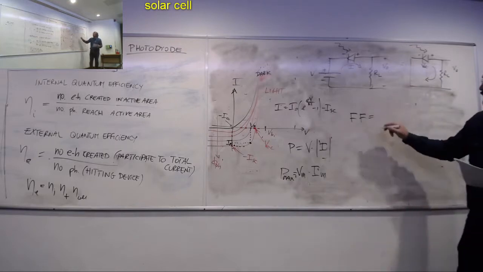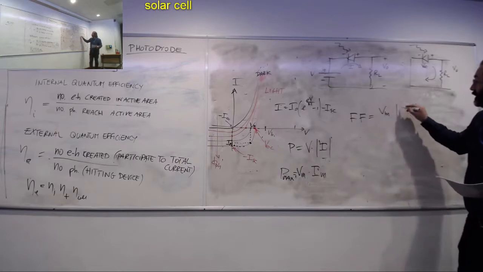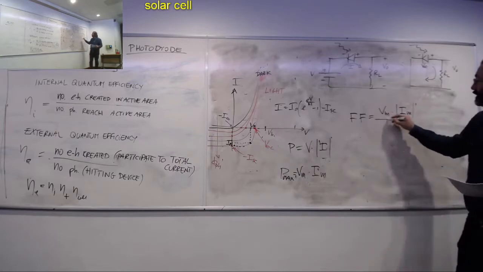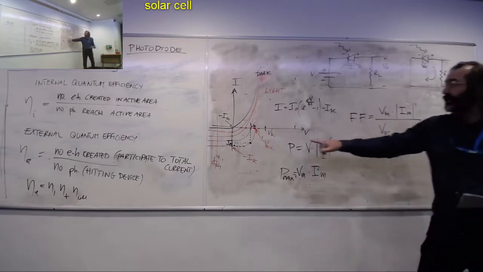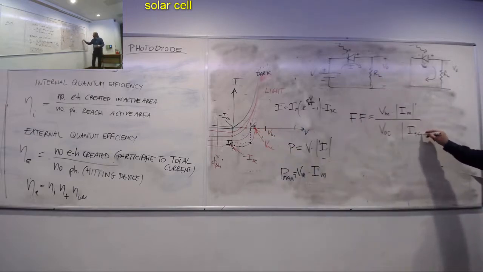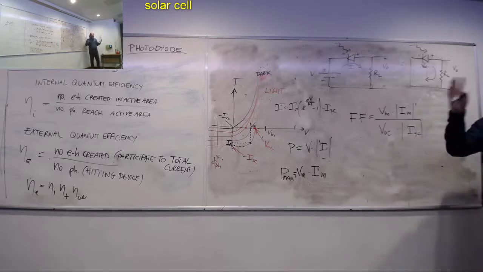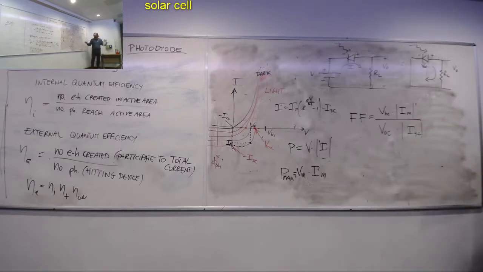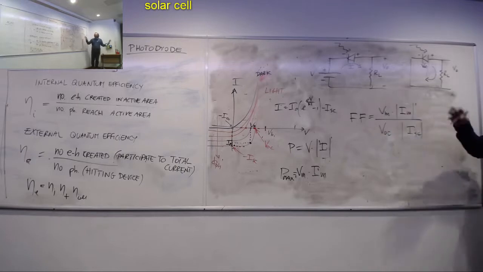And the fill factor is this optimum point, VM times IM, divided by VOC of the solar cell, which is represented by this point, and ISC. I still use the absolute values just because every author, also in their books, defines things differently. So just to make sure that we don't get in trouble, I put the absolute values on the currents always so that everything is positive.